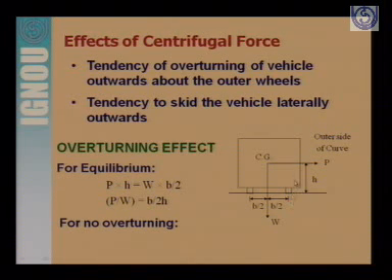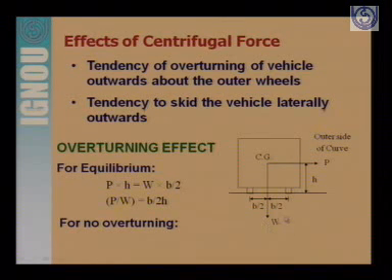About this outer wheel, a moment is created, and that moment is force into distance. Force is P and distance is H. So P into H is the moment which is trying to overturn this vehicle about the outer wheel. Now to check this overturning, there is a moment provided by the weight of the vehicle.